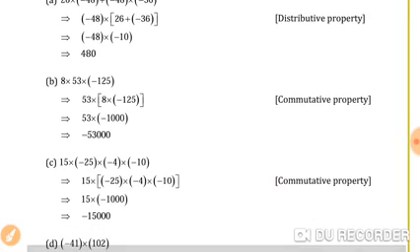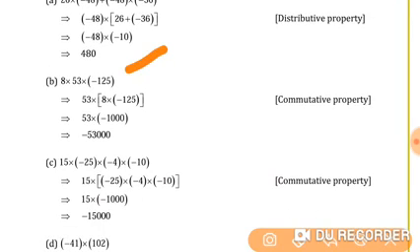Then the question is 8 into 53 into minus 125. See, 3 multiplications are there, so you can take the commutative property. Take any two numbers, first two or second two, or first and third, because all are multiplications.